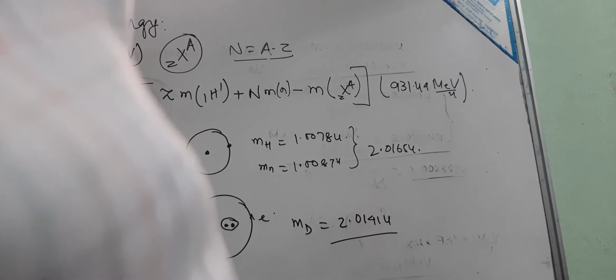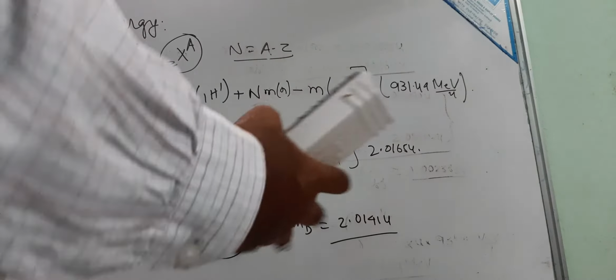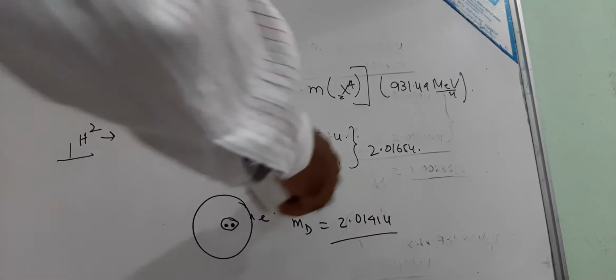If you take this difference, there is a mass difference, and that mass difference multiplied with C square is reflected in terms of the binding energy. If we calculate it, we get the binding energy.